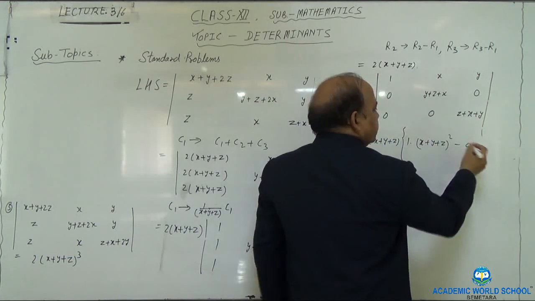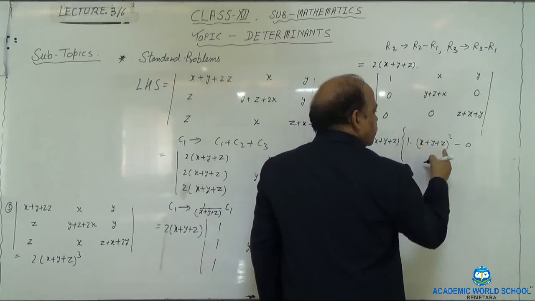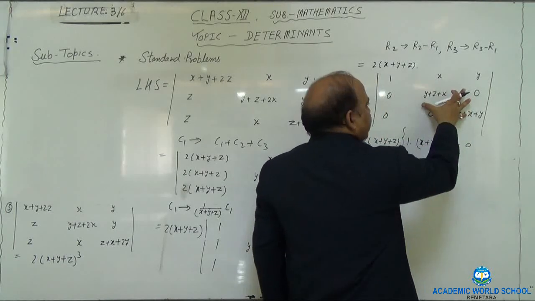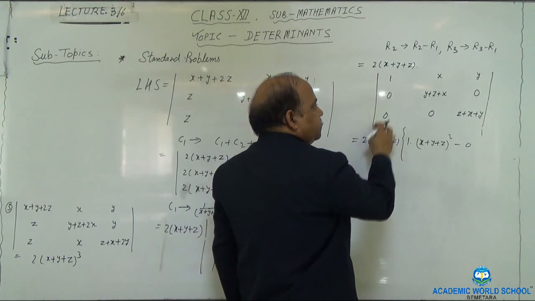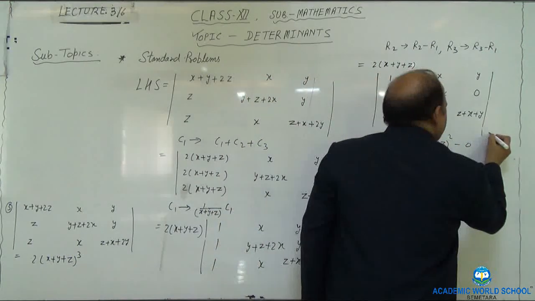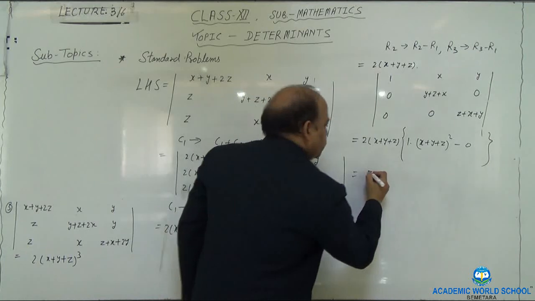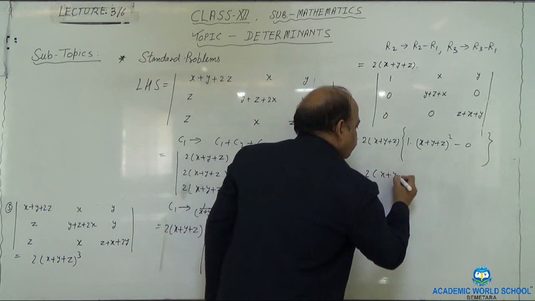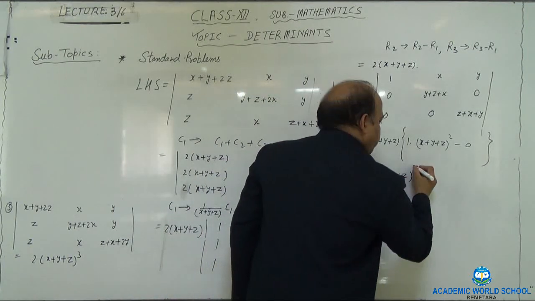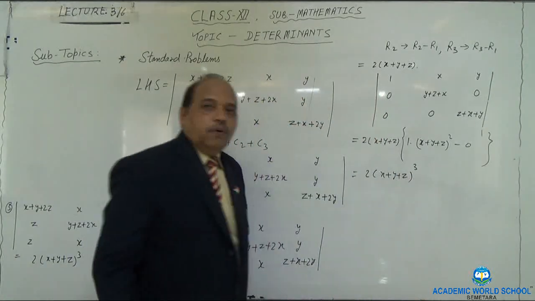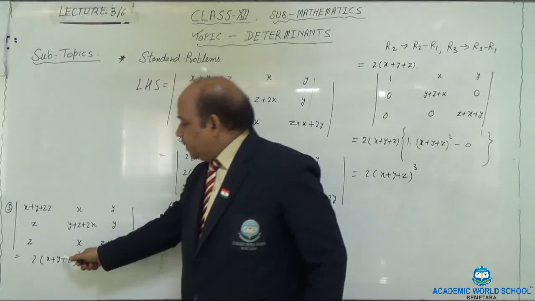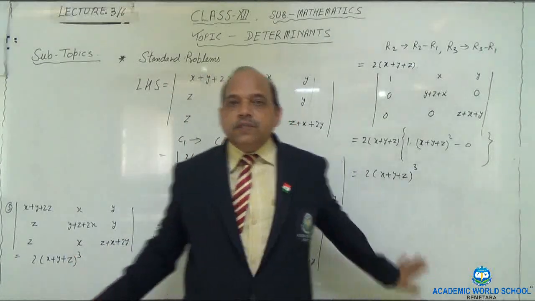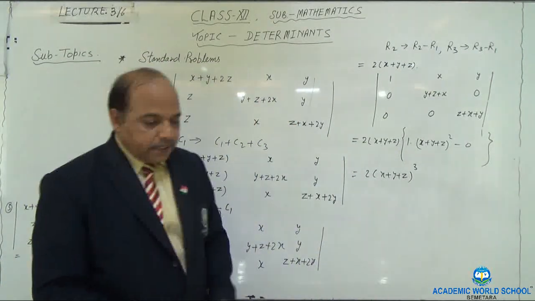And then this is giving you a minus 0. So this part is over. And then expand about this, these two will already become 0. So we are left with 2x plus y plus z. This is a whole square, so here it becomes a whole cube. Now you can see what was required: 2x plus y plus z whole cube. This is what we were supposed to prove.